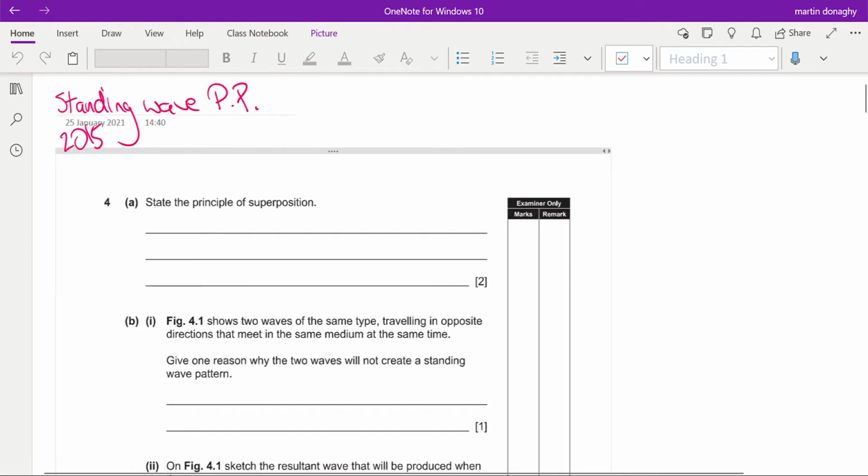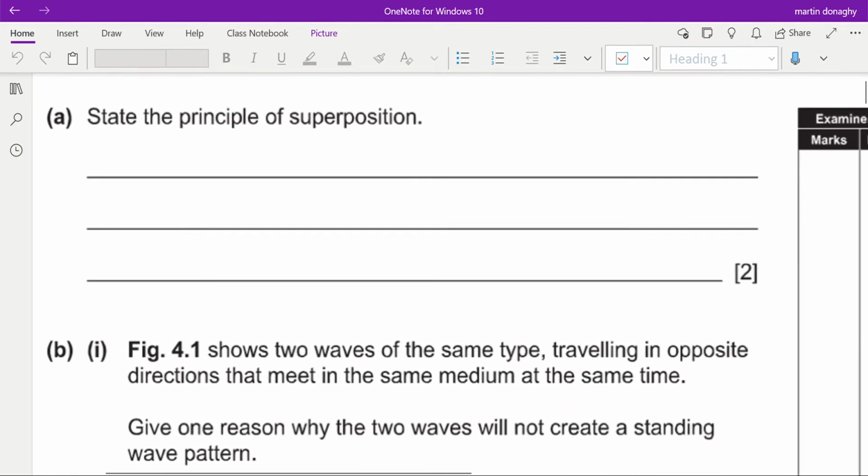Okay, let's look at the 2015 question. First one is simple: state the principle of superposition.